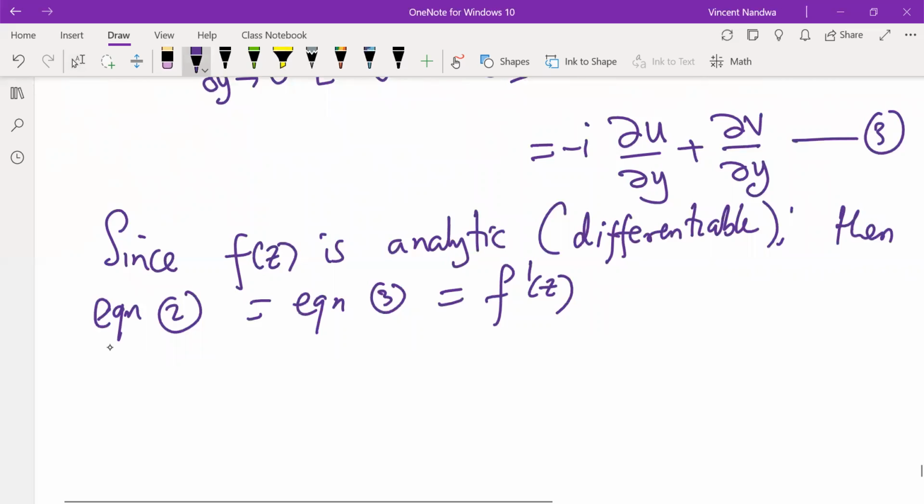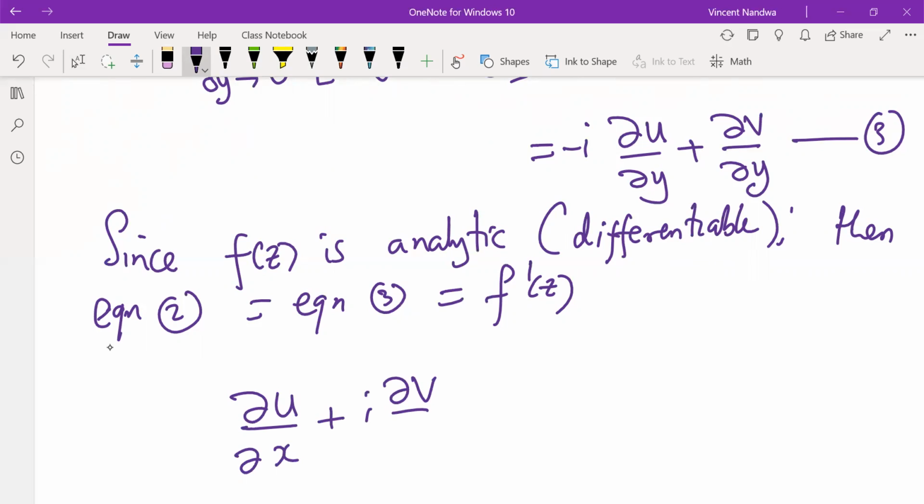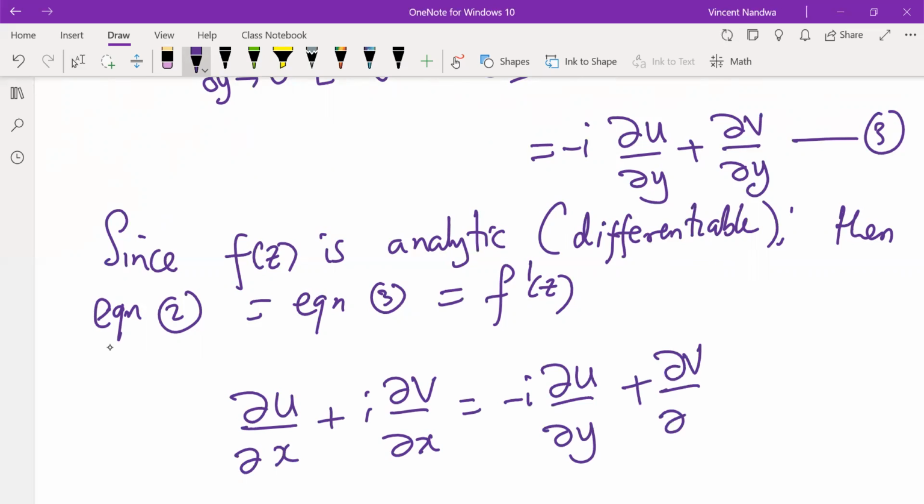So that means partial u partial x plus i partial v partial x equals negative i partial u partial y plus partial v partial y.